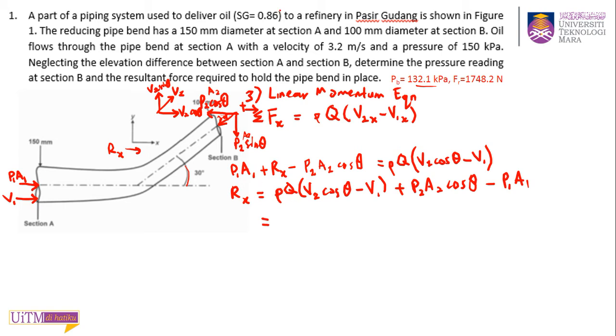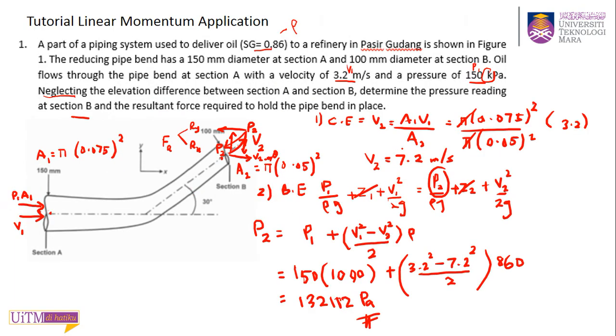So you have your rho of your oil is 860, and Q, so you need to find the Q lah. Okay, from this continuity equation, Q will be equal to A times V, A1 times V1 or A2 times V2. So A1, pi times 0.075 squared, times V1, 3.2. So berapa dapat kat sini?